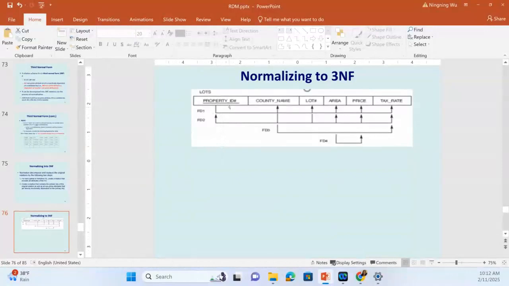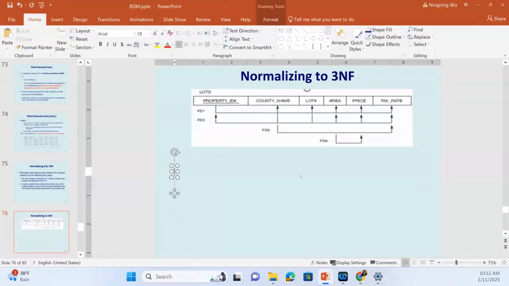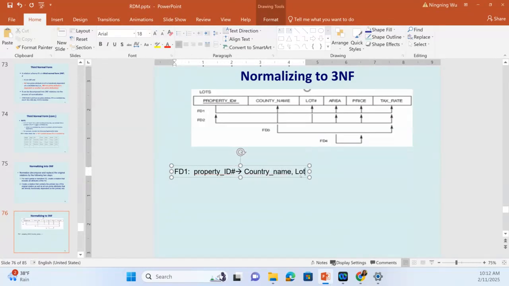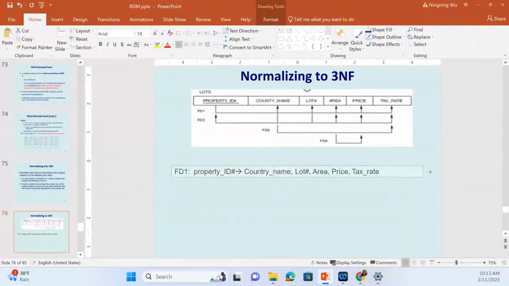One is the property ID, because FD1 shows that property ID number determines county name, lot number, area, price, and the tax rate. This is the first functional dependency.